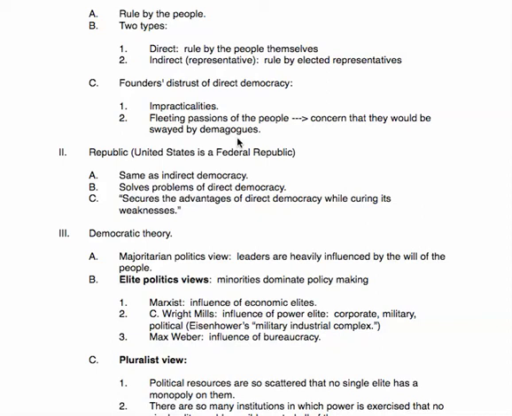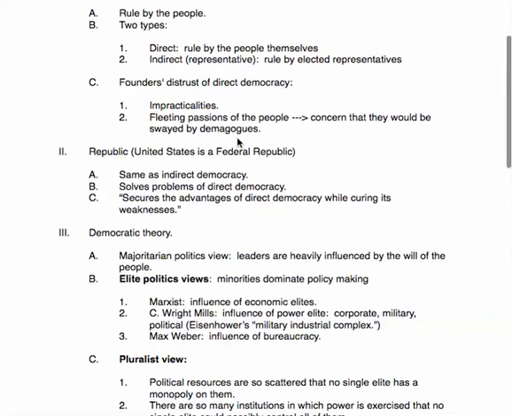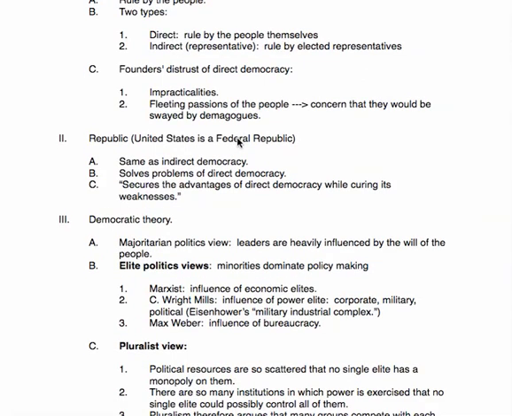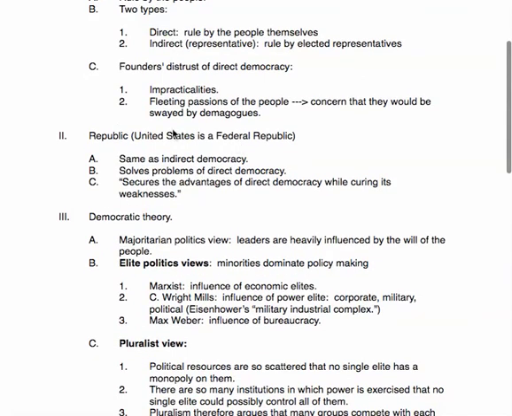So that's why our founders were drawn to a republic. The type of democracy that we have in the United States, what I put up here, a federal republic. We are considered a republic, with a lot of the same characteristics of an indirect or representative democracy, but it solves the problems associated with the direct democracy.